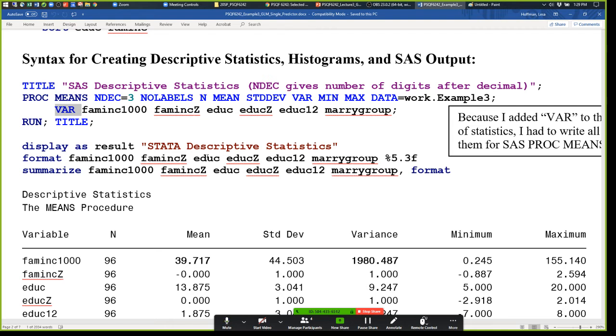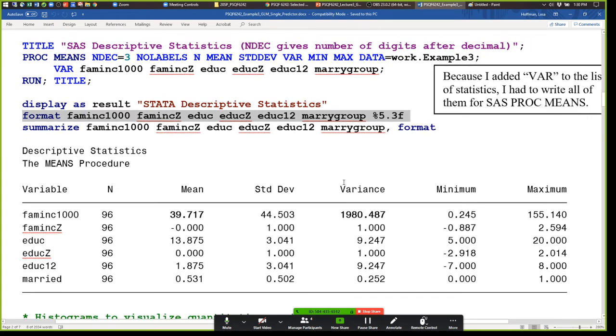Var in the context above means variance. Analogously, in Stata is the summarize command that gives you quantitative descriptives. I had asked it to only print the values to 3 decimal places here, and this format statement in Stata does the same thing. So I just was trying to go for comparability across the programs.